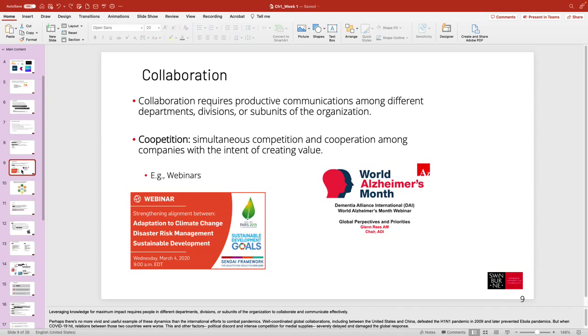And it's not just within an organization, we also need to collaborate with other people in the environment as well. Say for example, with suppliers, even with our competitors as well. I've given you two examples here. It's not just within the organization.